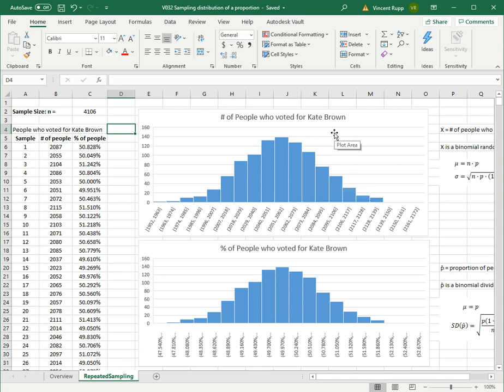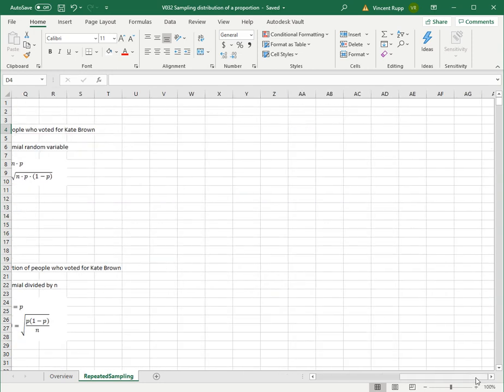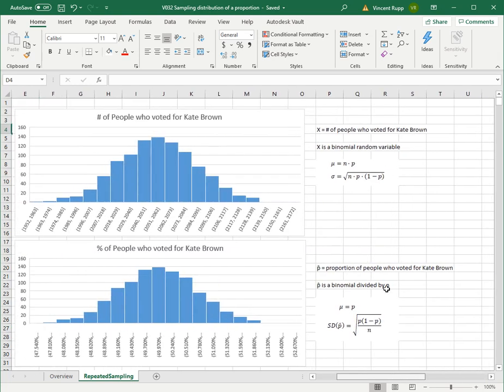So the number of people who voted for Kate Brown, if we look at this here, that is a binomial random variable. We had 4,106 trials, and the probability of success, in quotes, would be that the person voted for Kate Brown. Failure would be they voted for someone else. So this random variable has a mean of n times p.